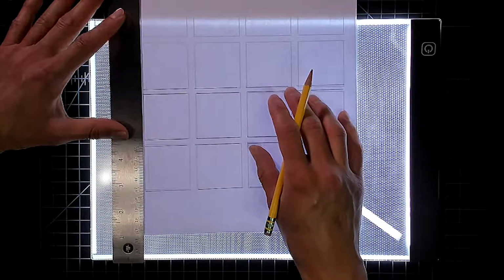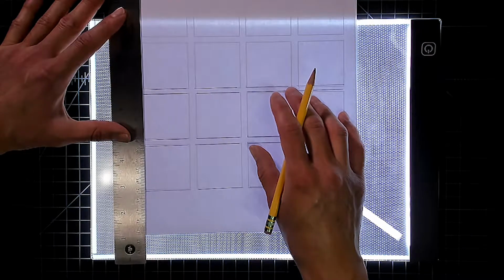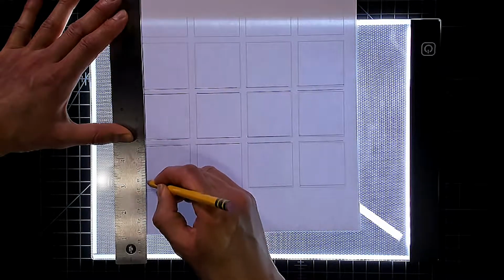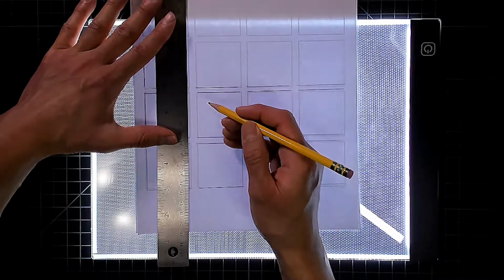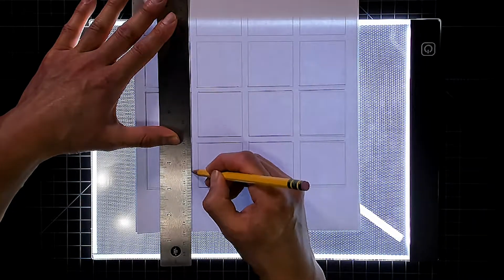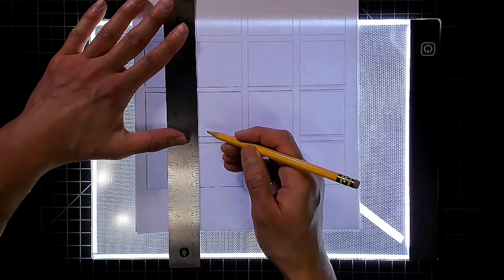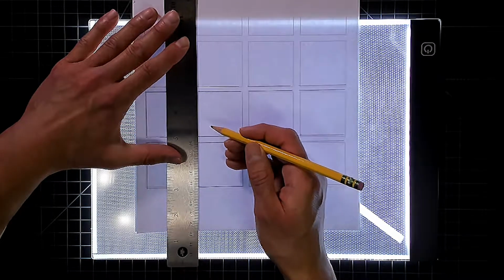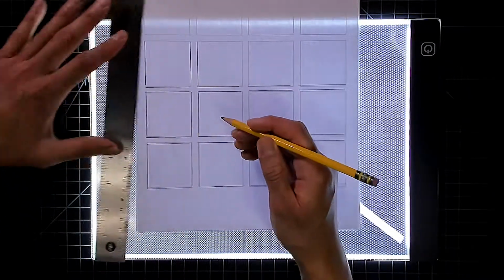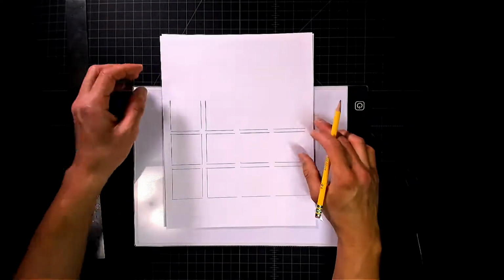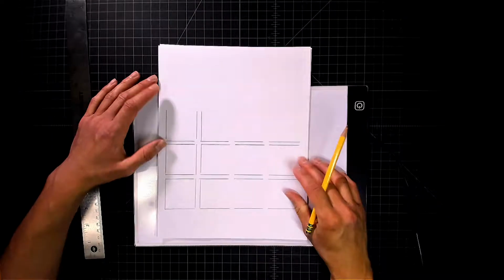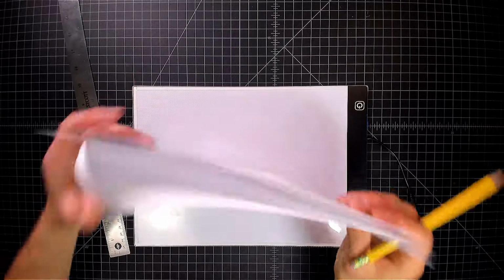Keep using my ruler, line up my ruler with those edges, and then draw the lines the other way. That helps me draw these lines a little bit quicker, a little bit faster, and a little bit more accurate. Line up your marks with the ruler. Okay, and let's just say I have all my lines drawn in. So you would draw all 16 squares on the tracer, and then you could go ahead and use it for one of your projects or assignments.